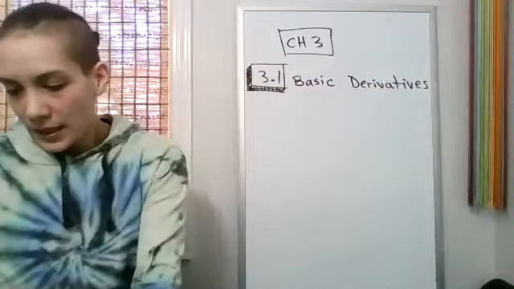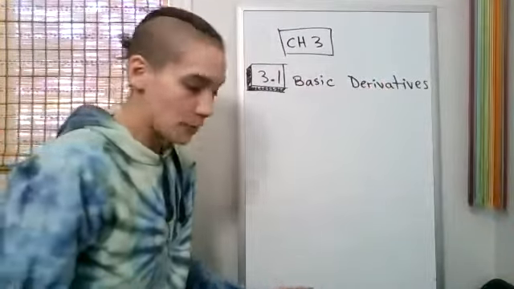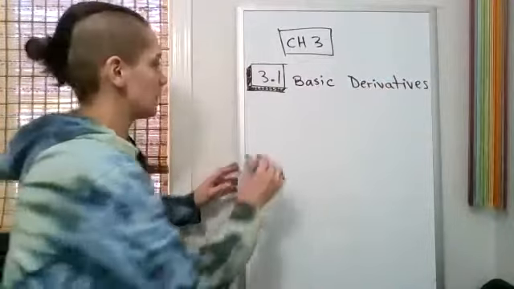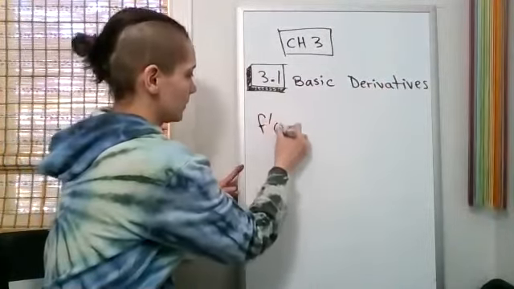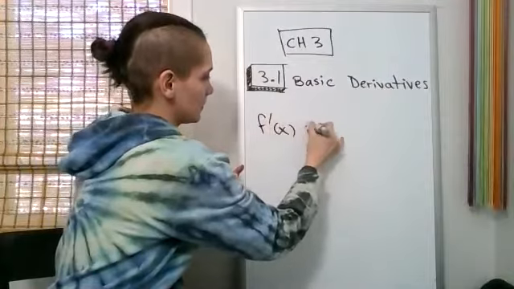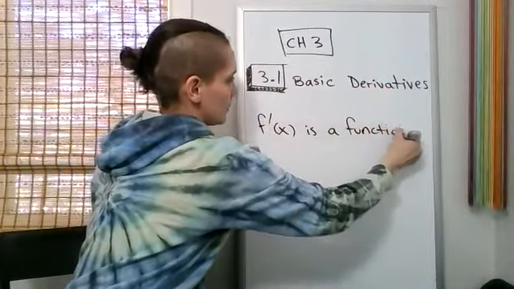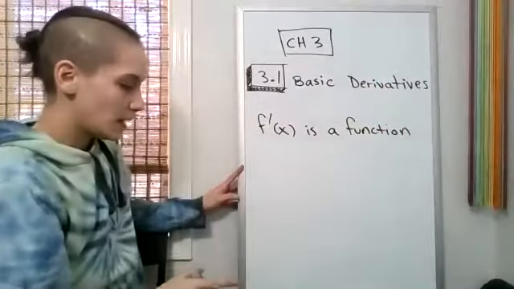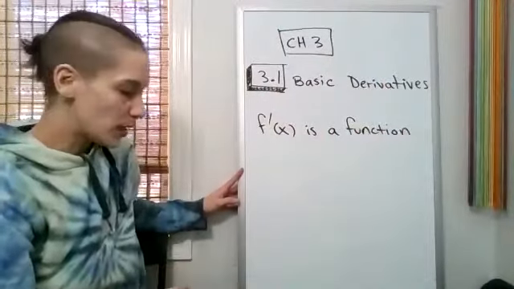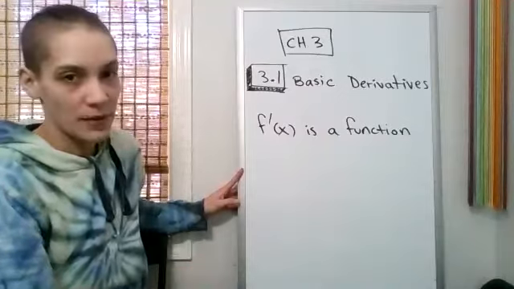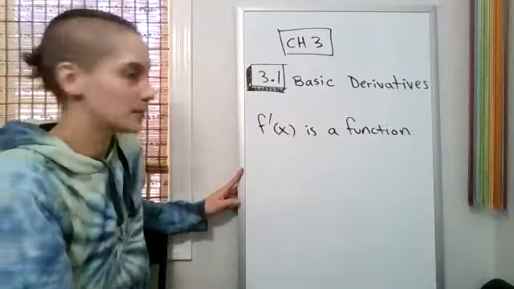Let's start with a reminder that f prime of x is a function that gives the slope of the tangent lines to f of x at any point.